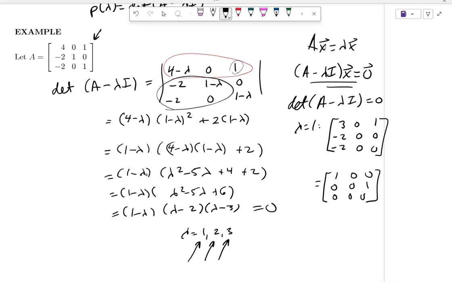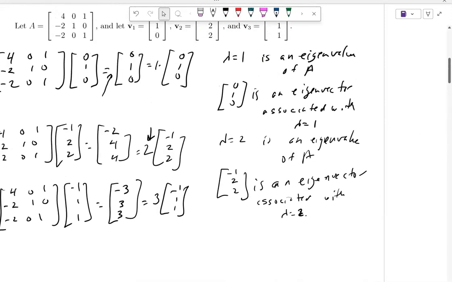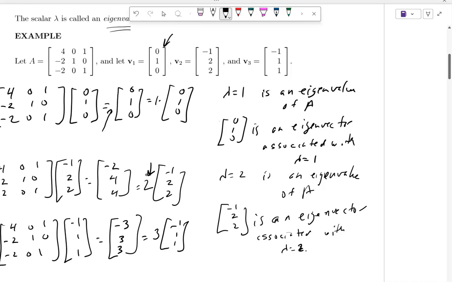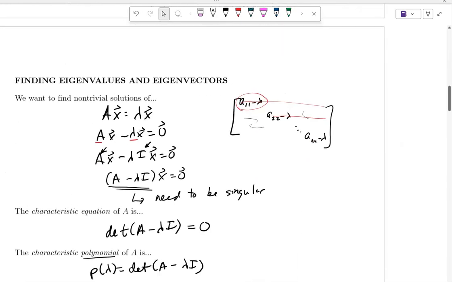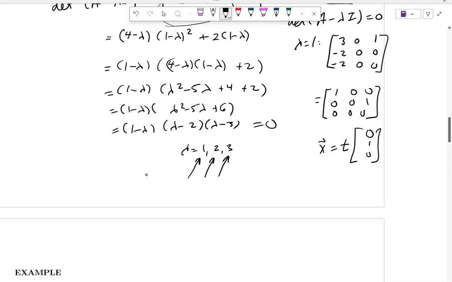So you would have x is t times (0, 1, 0). And if we go back up, isn't (0, 1, 0) one of the vectors I gave you last time? All right. So here t is the parameter, and (0, 1, 0) generates all of the solutions to that particular equation, right?